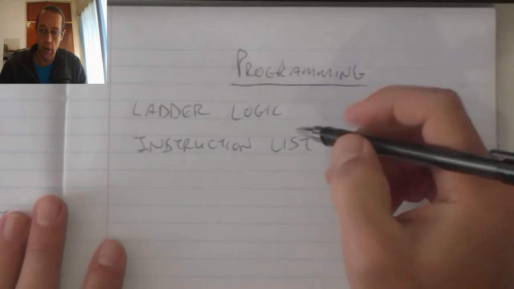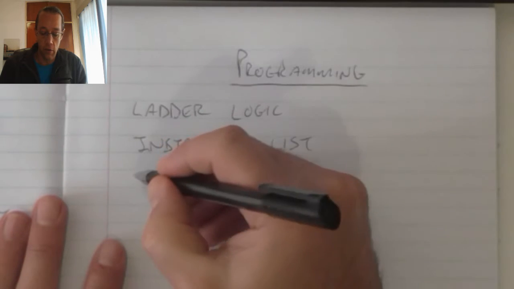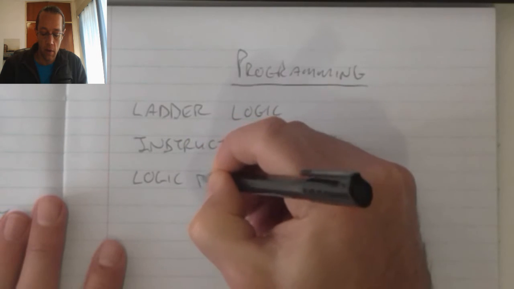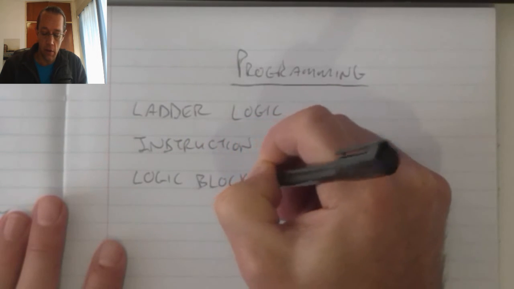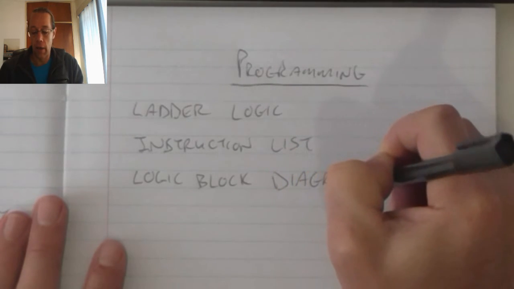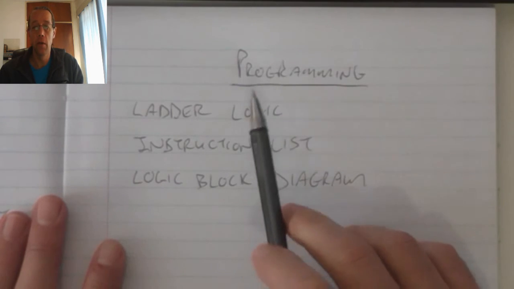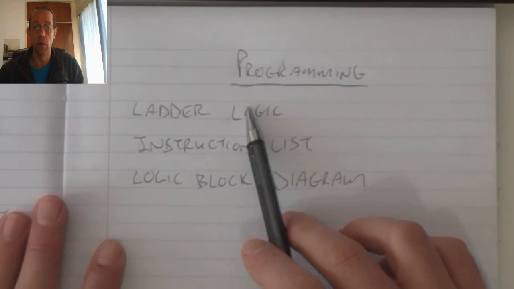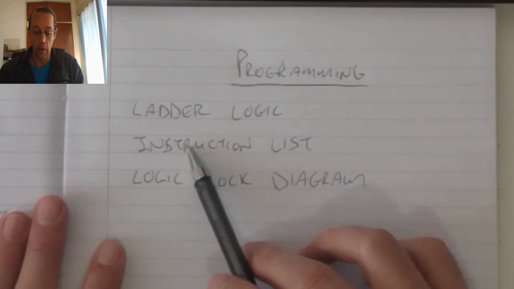And the third is the logic block diagram. Now, the ladder logic is the most commonly used, and it's simplest when it comes to motor control circuits.